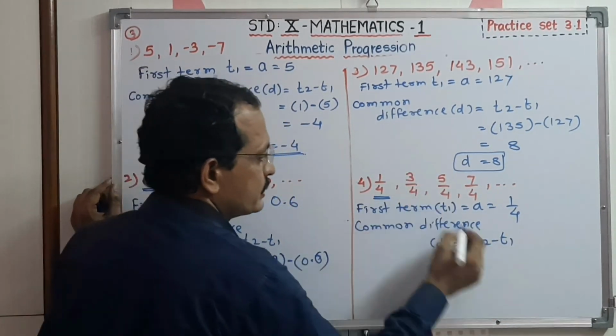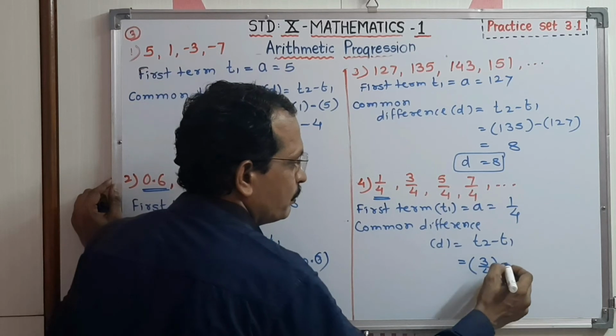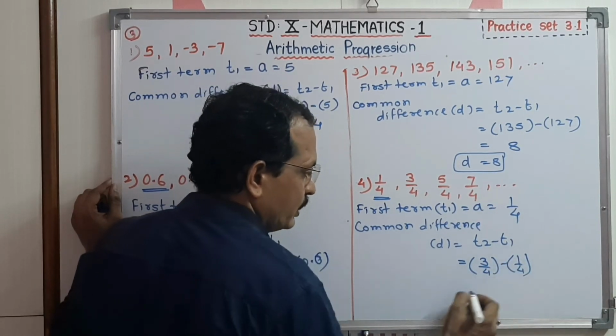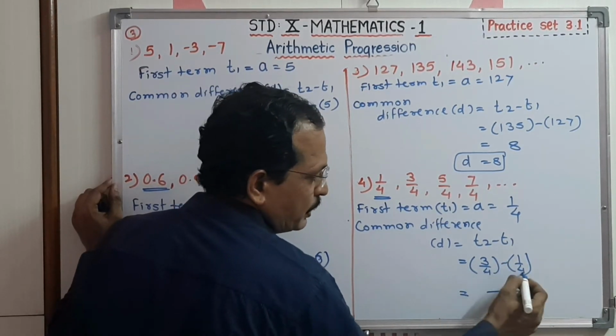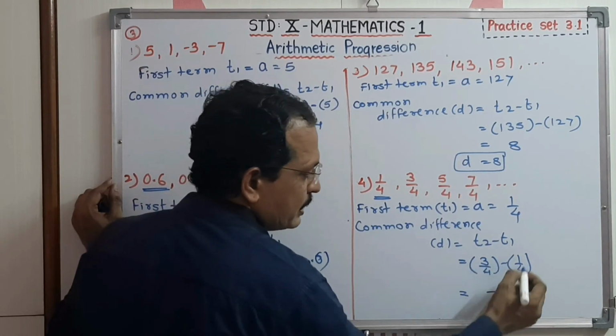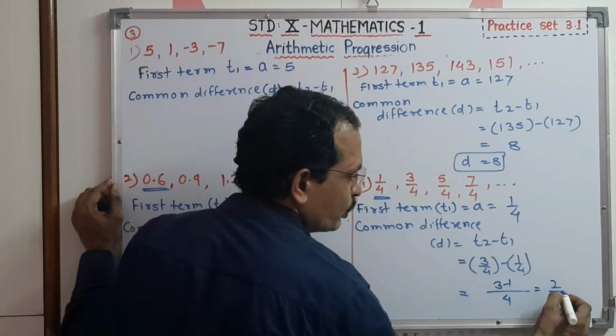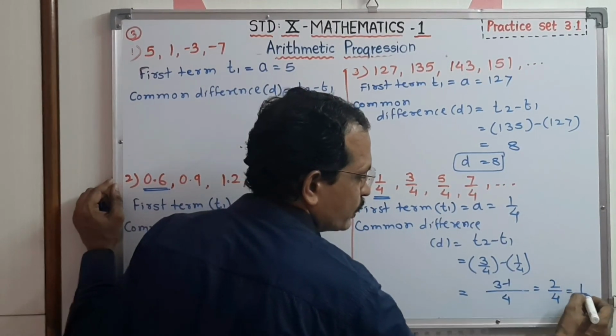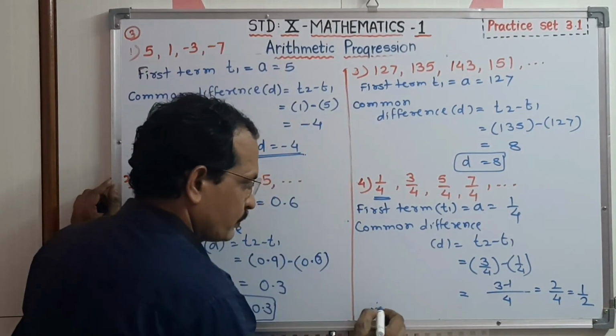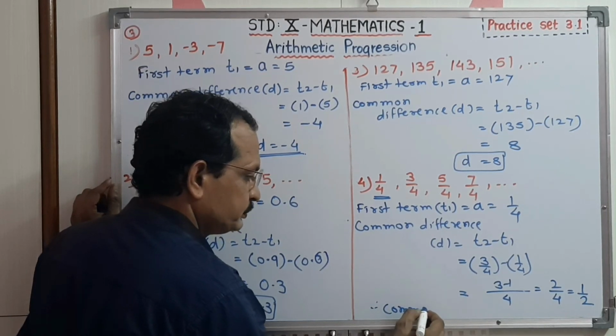T2 is 3 upon 4 minus 1 upon 4. It is, denominator is same. Then it is 3 minus 1. It is 2 upon 4. And here it is 1 upon 2.